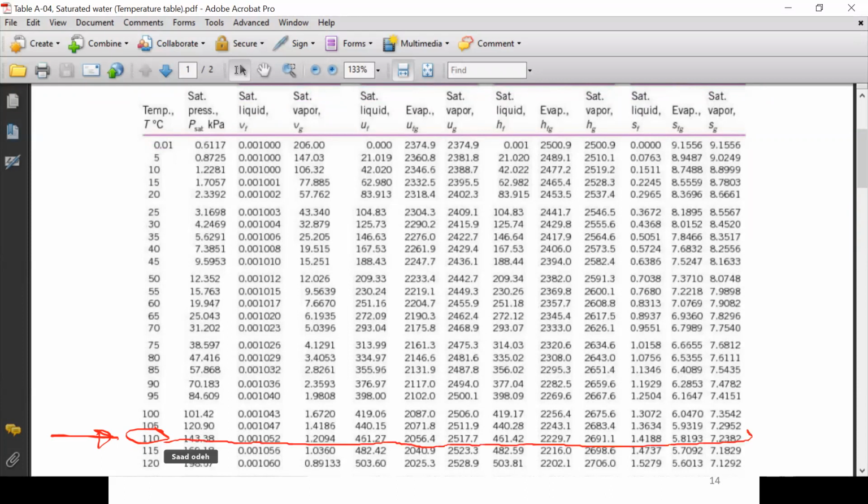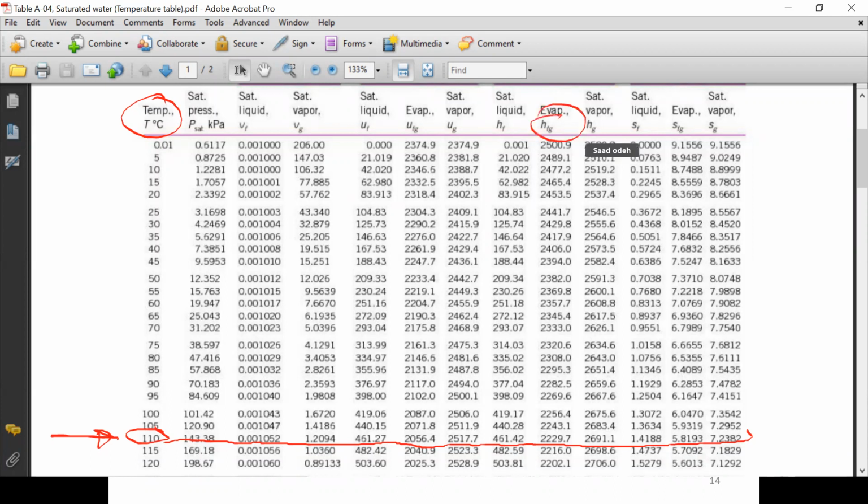What's the saturation temperature at 110? The saturation temperature is 110 itself. And what's the saturation pressure? 143.38. Correct. What's the latent heat of vaporization at 110?